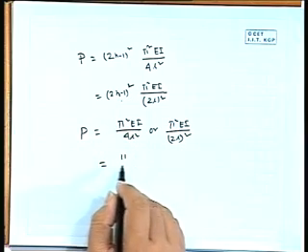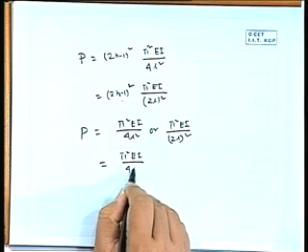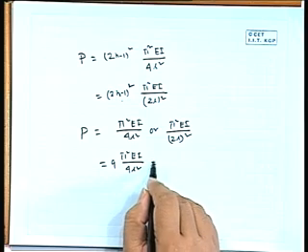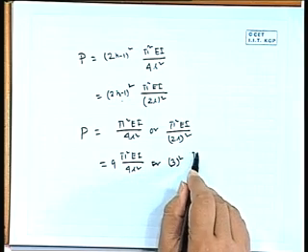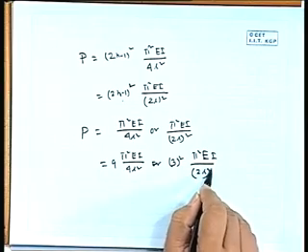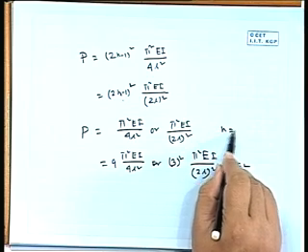So here pi square EI by 4L square, there will be 9, or we can write 9 pi square EI by 4L square. So in different form we can express if n is equal to 2, if n equal to 1.